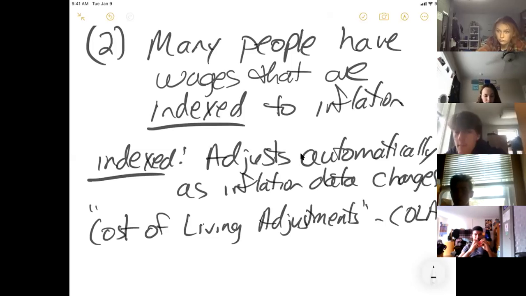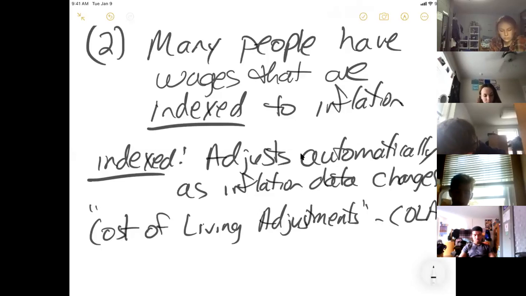So you'll sign a 5-year contract that says this is your wage, but your wage goes up. Your wage is indexed to the consumer price index. So if the consumer price index goes up by 1%, your wage goes up by 1%. What's the idea here? The idea here is to keep real wages constant, meaning adjusted for inflation, the real wage stays constant. So you have to change your nominal wage by the amount of inflation. That's the idea. But what happens if you're not measuring inflation correctly?